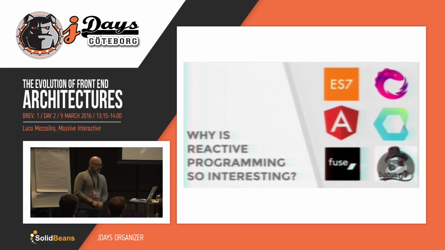Why is reactive programming so important currently? Currently on the front-end side, and I know for sure that also on the back-end there are a lot of interesting things. There is a draft present for ECMA 7, and I don't remember the name, but someone at Netflix suggested implementing observables by default inside ECMA 7.